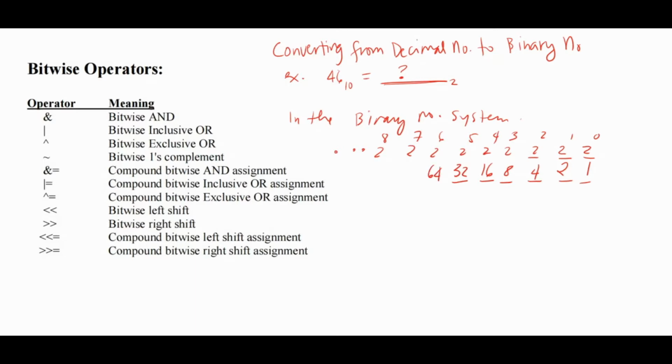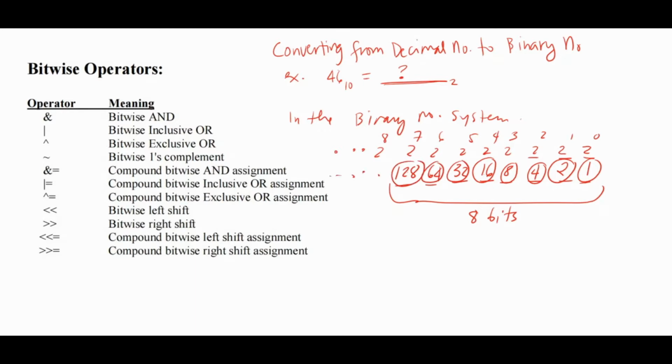And 2 to the 7 is 128. Say we have here an 8-bit binary number: 1, 2, 3, 4, 5, 6, 7, 8. That's 8 bits. The rightmost bit position has a value 1, and next is 2, 4, 8, 16, 32, 64, and 128, and so on.